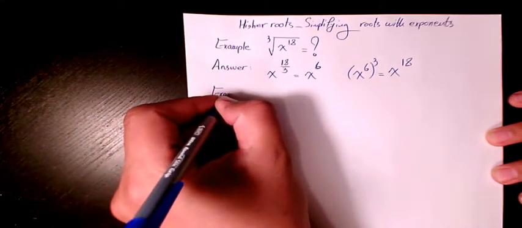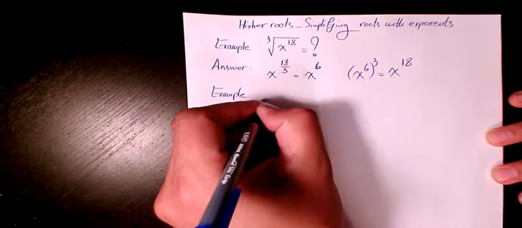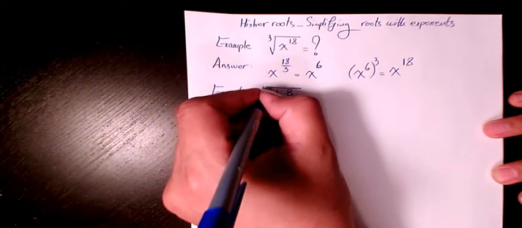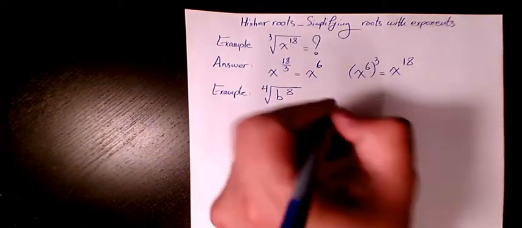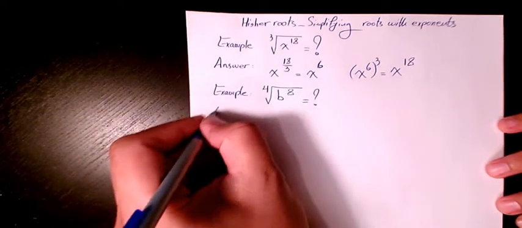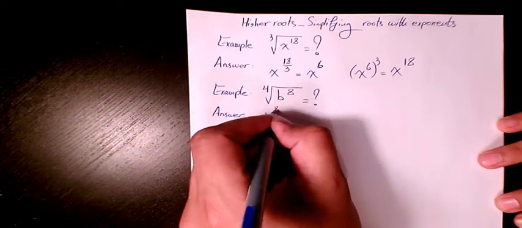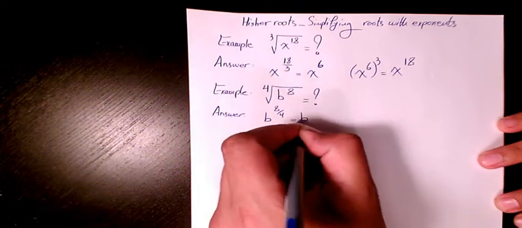Next example is b to the power of 8, and we are looking for the fourth root of b to the power of 8. The answer is b to the power of 8 over 4, which will be b squared.